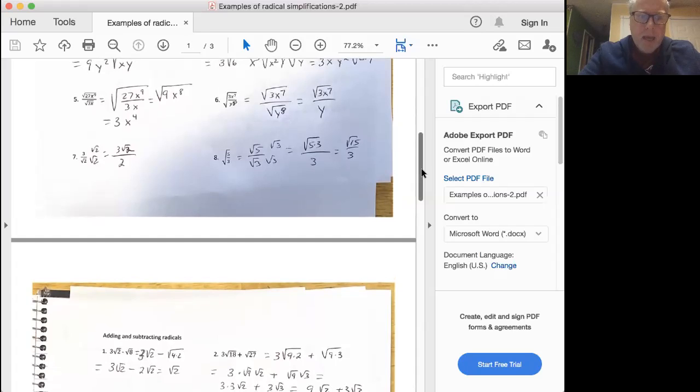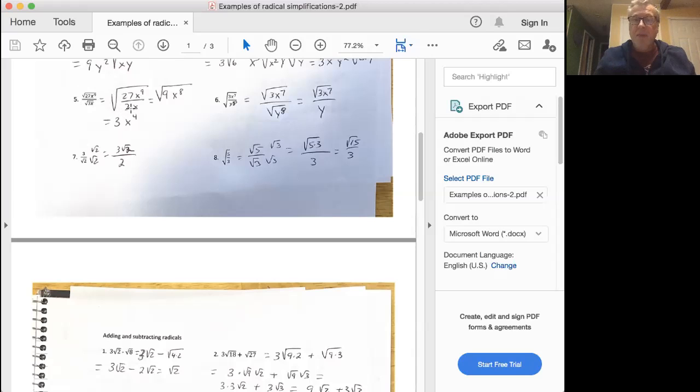And so in this case, we have a square root of 27x to the 9th over the square root of 3x. These are separate square roots. So what I can do is I can either keep it this way if it helps me simplify, or I could put it all underneath one big square root with the fraction inside. And that's what I'm going to try if I can't see anything else to do. So I'm going to rewrite this as one big square root with the fraction inside as 27x to the 9th over 3x.